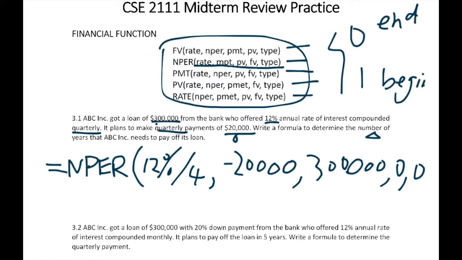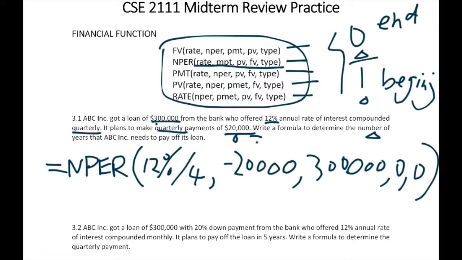Usually, if it does not mention, we assume the end of the period. Only if it tells you that you will pay at the beginning of every quarter would you use 1. But usually we assume it's 0. So put 0, and that's it.